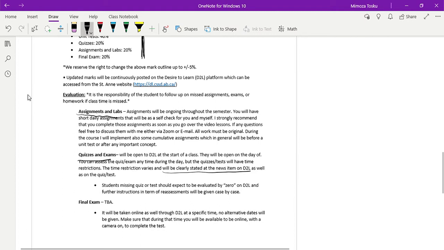Students that are missing a quiz or a test should be expected to be evaluated by a 0, and then you will talk to me, and further instruction in terms of the reassessment will be given case by case, which means that you will not see the same exam as the other students that took the exam. It may be a different way of assessing. It may be a video that you are explaining yourself.